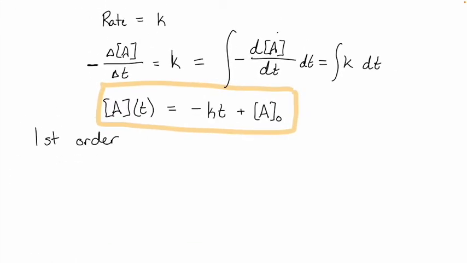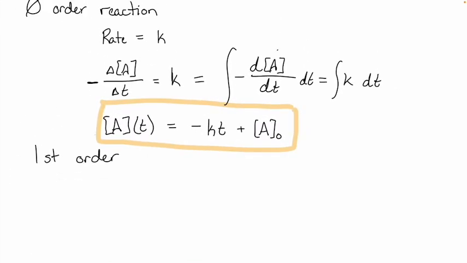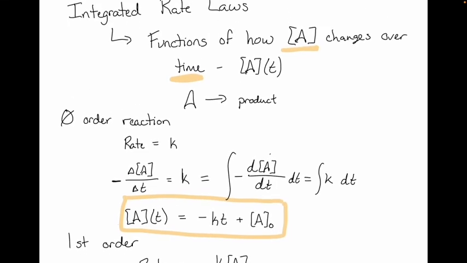All right, so now we're going to do the same thing, but for our first order reaction. This is the rate is equal to k, but now times that concentration of A. All right, that was our first order rate law. To be clear, how am I getting these, right?